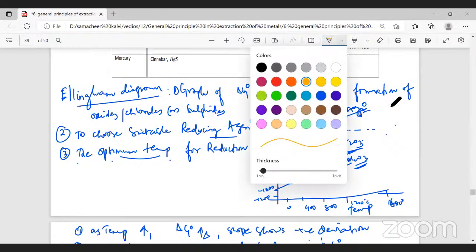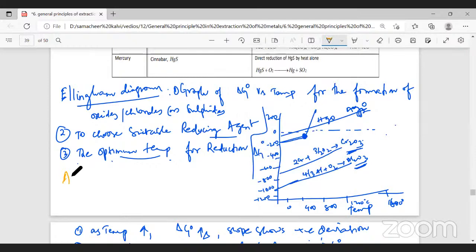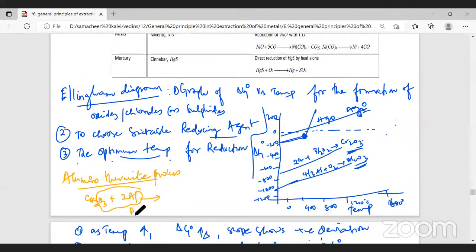Yes, sir. Now, we also learned something called the aluminothermite process, if you remember. What is this aluminothermite process? Reduction using aluminium is called the aluminothermite process. Chromium oxide, when you heat it with aluminium as a reducing agent, we get aluminium oxide, giving you chromium.